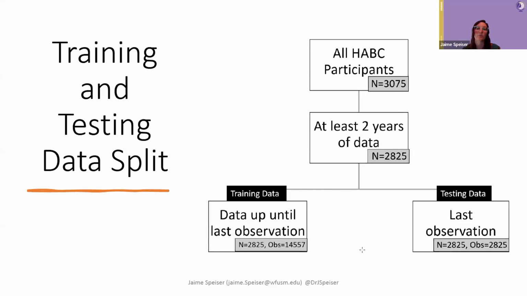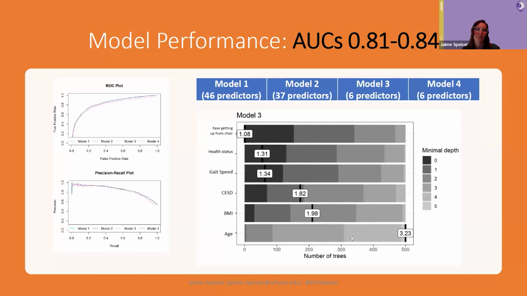That way, the prediction model predicts future mobility limitation using past observations, so that if you predicted someone would have mobility limitation in the future, you could try to intervene and prevent that from happening.